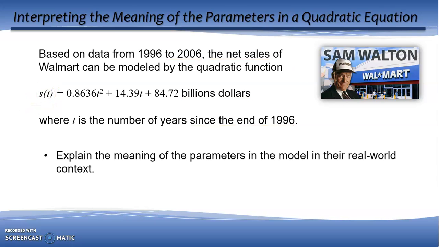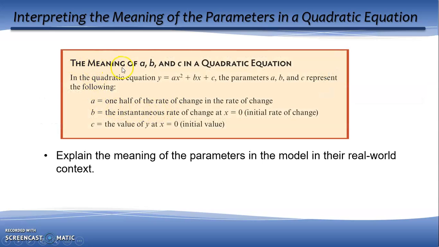Okay, so the question is: explain the meaning of the parameters of the model in the real-world context. That means explain the meaning of a, b, and c. So remember the meaning of a, b, and c. c is the value of y when x is equal to 0, that means the initial value. b is the instantaneous rate of change when x is 0, and a is 1/2 of the rate of change in the rate of change.